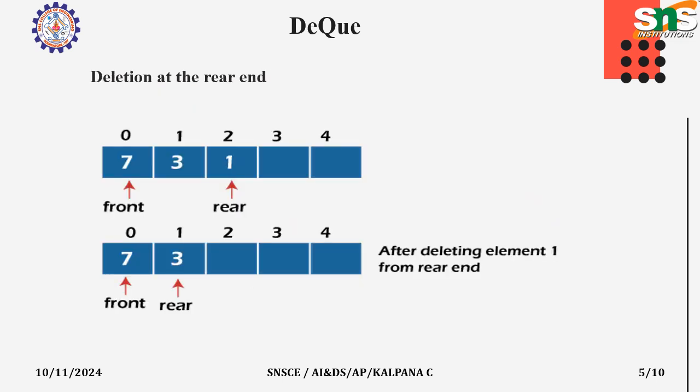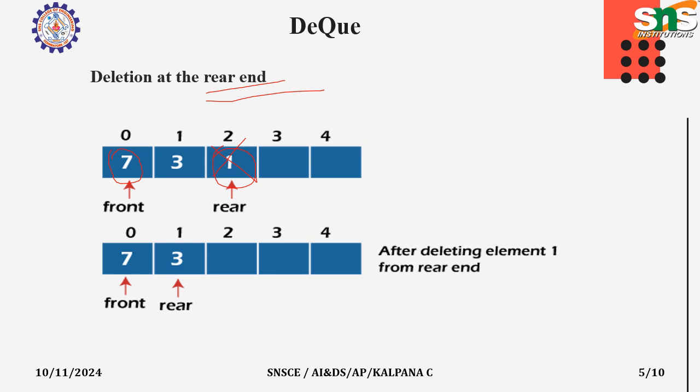So here front is pointing to 0, rear is pointing to 2. I am going to delete at the rear end. This is my rear pointer, and I am going to delete this one element.